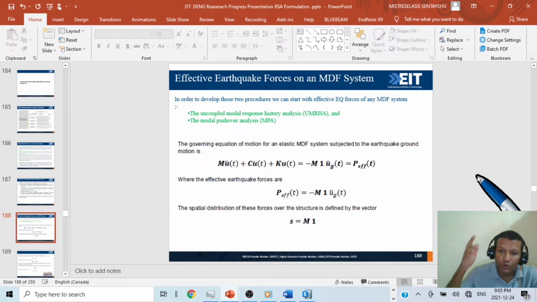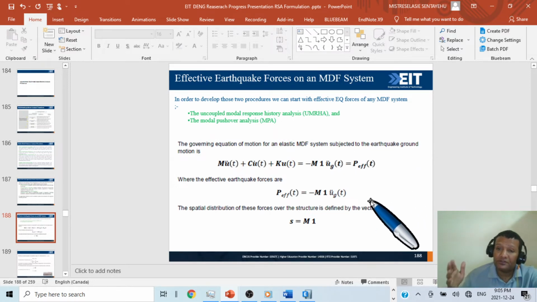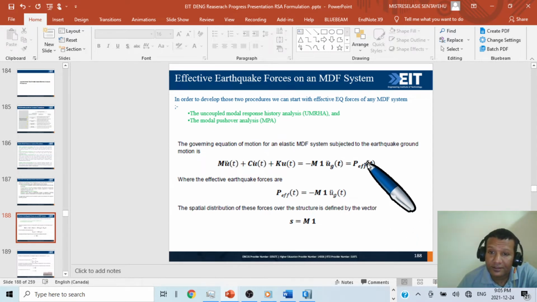Maybe you will not understand what I am saying now, but P effective total came from each mode: first mode, second mode, third mode, and so on. The summation of all mode effective earthquake forces will be the total effective force.